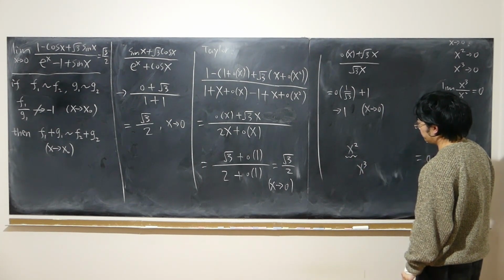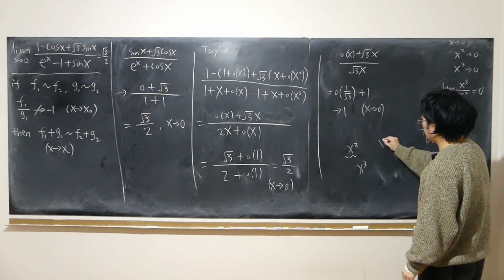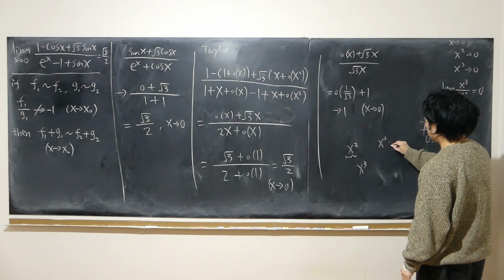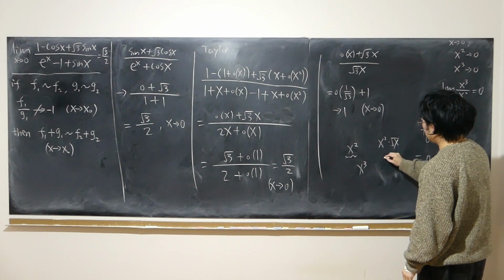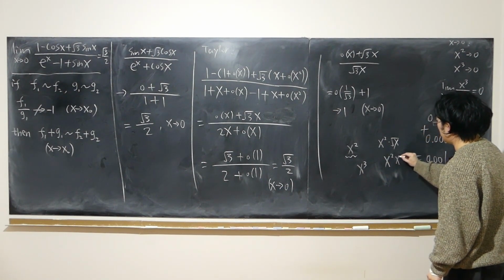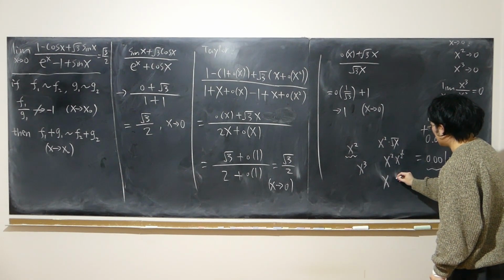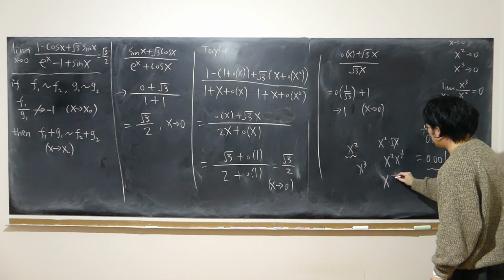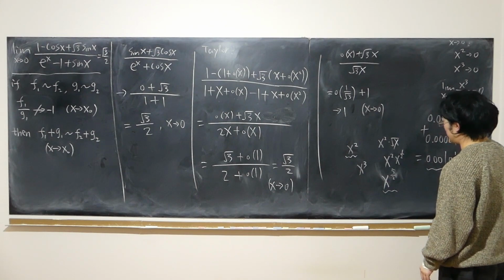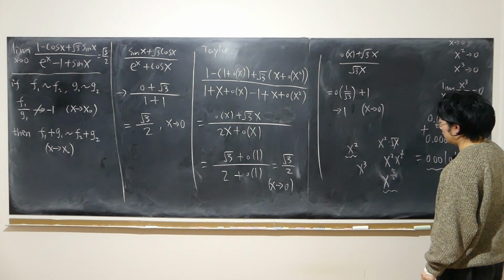Maybe it can be just x squared times square root of x. In other words, x squared times x to the power of half, in other words, x to the power of 5 over 2. Or maybe it's this guy, also faster than that guy. But it can be anything.